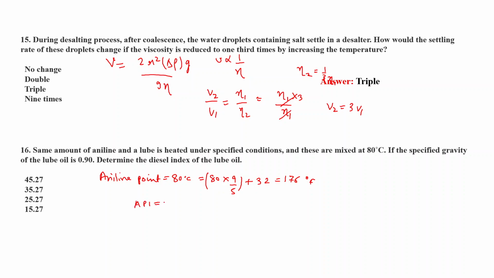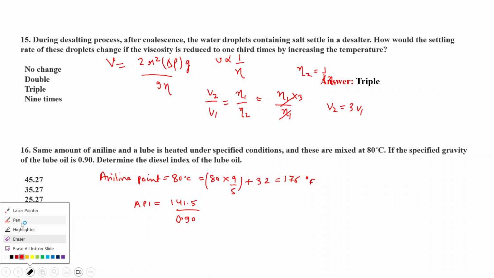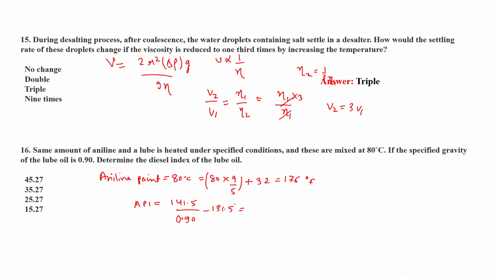Now calculating the API, as specific gravity is given 0.90, so it will be 141.5 upon 0.90 minus 131.5, which gives 25.72 degree API.